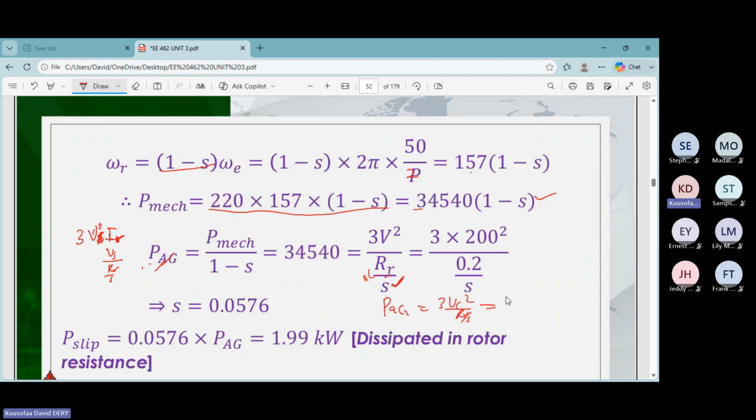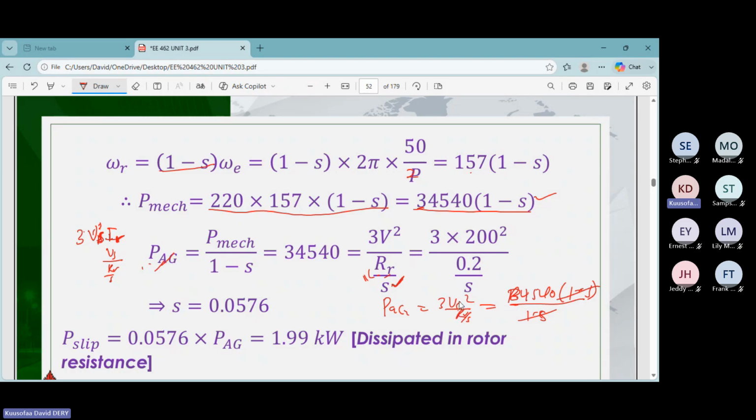This is also equal to P mech over 1 over S. So we know P mech is given by this, which is 3 0 3, 4, 540 times 1 minus S, divided by 1 minus S, right? So this cancels this. So you have this to be equal to whatever that is here.